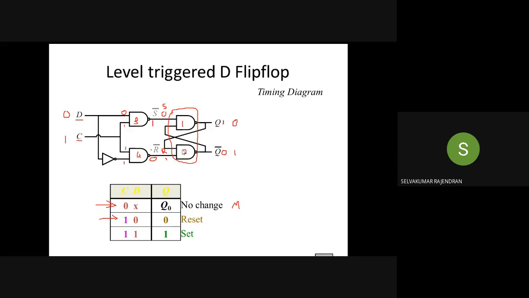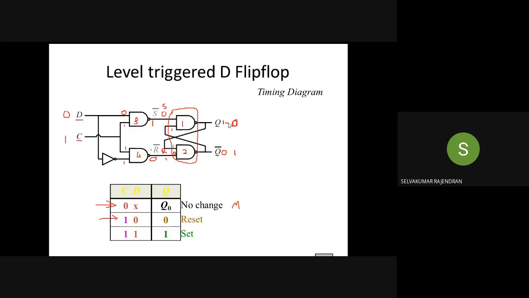So NAND gate 2 has one input as logic 0, and the other input coming from Q, which is 1. So with inputs 1, 0, obviously this NAND gate produces logic 1. Again, this logic 1 is applied to NAND gate 1. So S bar is 1, Q bar is also 1, and 1, 1 produces logic 0.